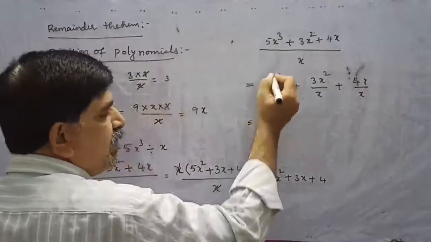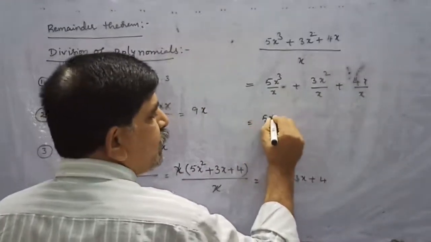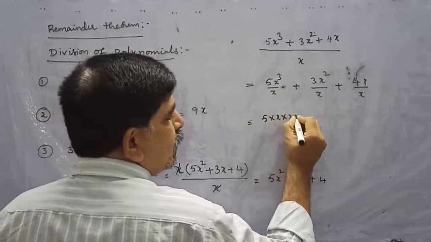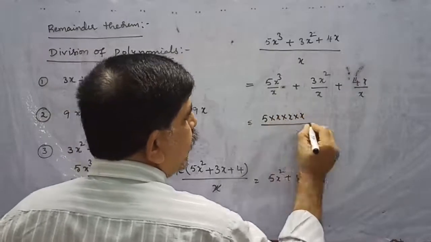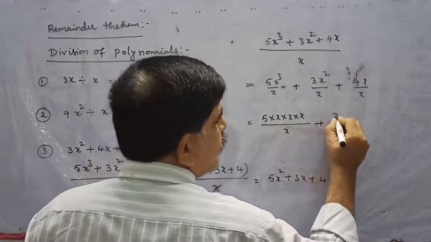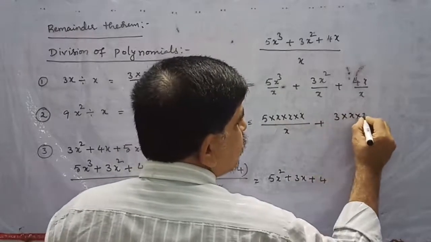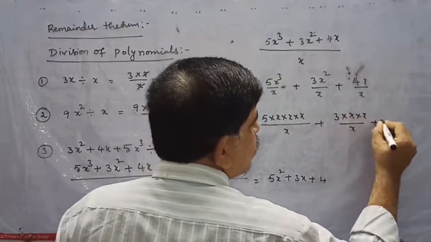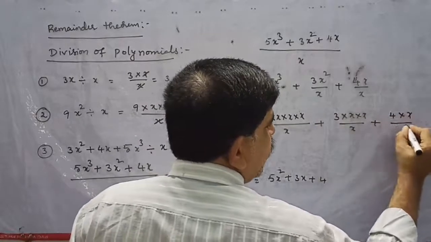And next one, 5x cube can be written as 5 into x into x by x plus 3 into x by x plus 4 into x by x.